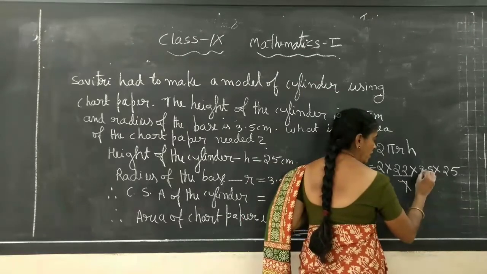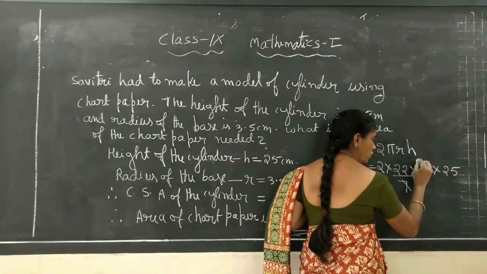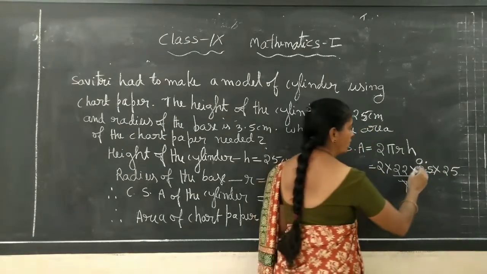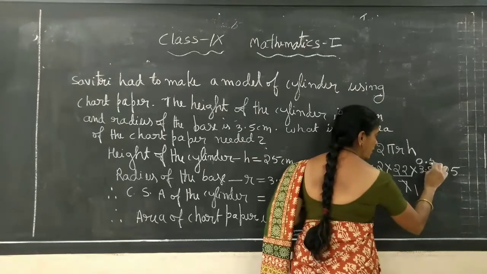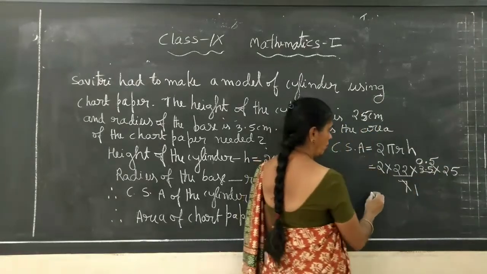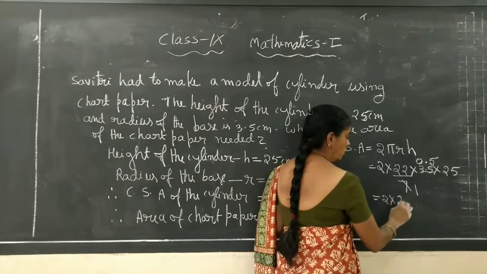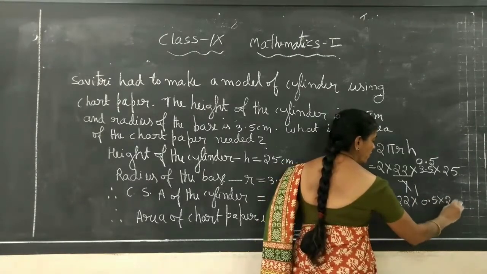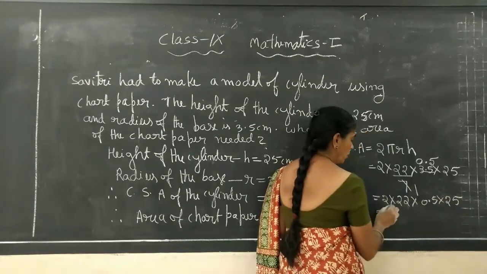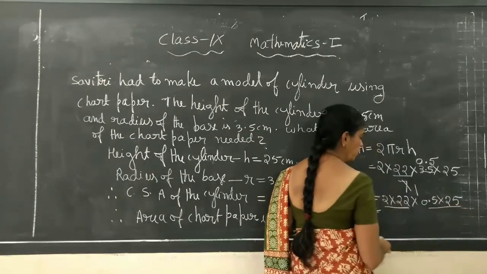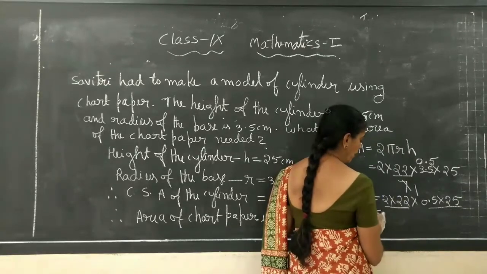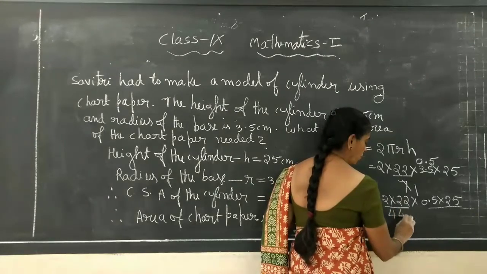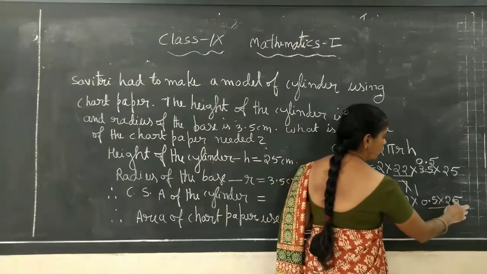7 into 3 will not divide, 0 times. Then with the point, 35 comes, and 7 5s are 35. So it is 0.5 here. Now we multiply 2 into 22 into 0.5 into 25. 2 into 22 is 44, into 0.5 into 25.